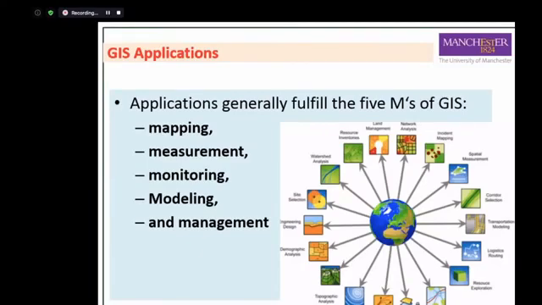Suppose we have prepared a land use, land cover map, with 8 classes. Then we measure how much percentage is settlement, how much is agriculture, how much is forest cover. This is measurement, and then we monitor these things. This change happened, this percentage increased.